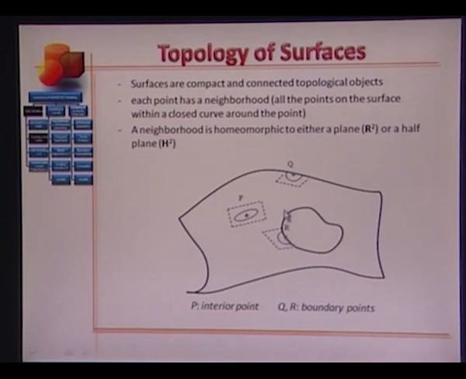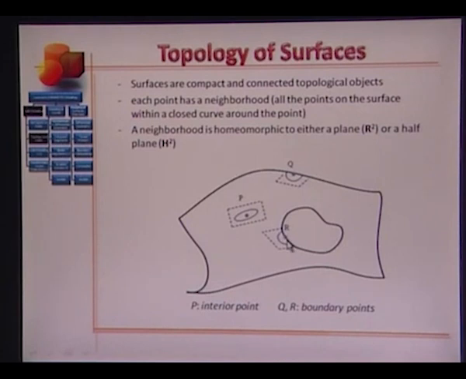For points Q and R, it is not possible for us to draw a full disk around it. It is only possible for us to draw or sketch a partial disk. Now this disk can be stretched only in a few directions and not all directions.